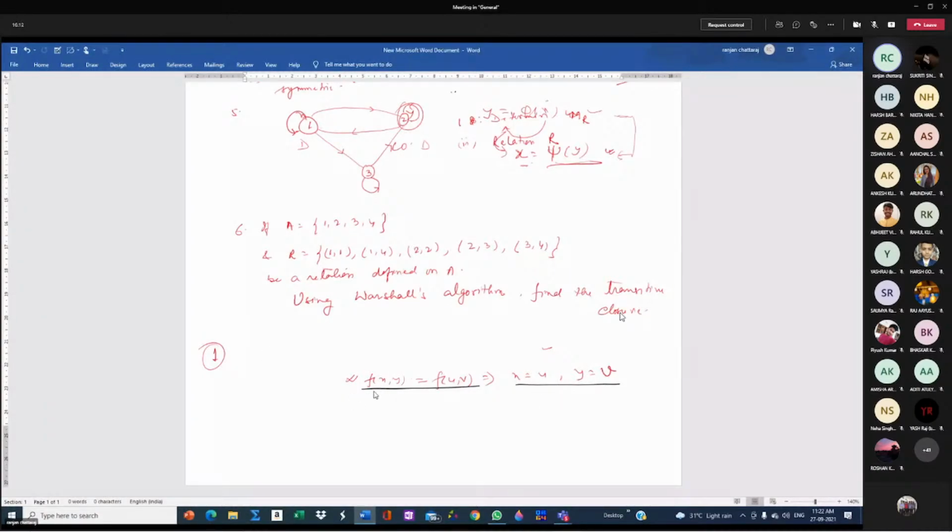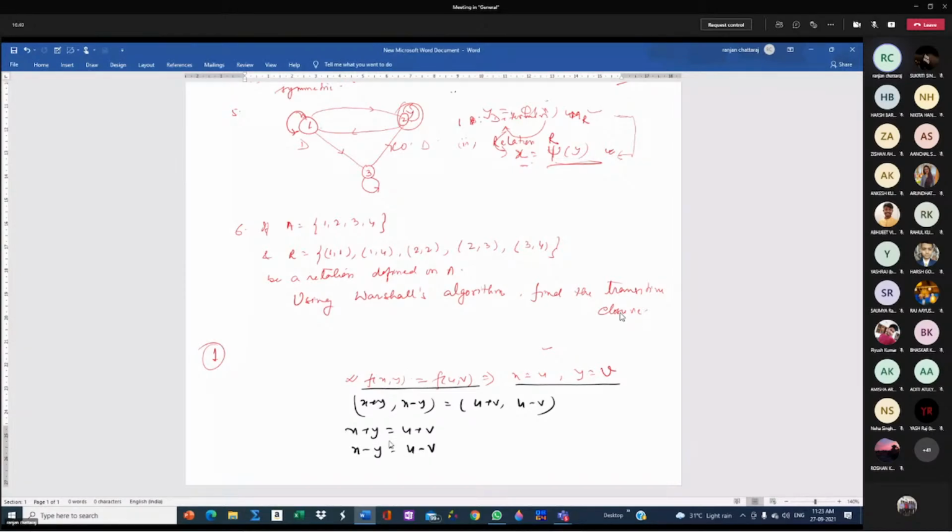So f(x,y) is equal to (x plus y, x minus y), and this is equal to (u plus v, u minus v). So x plus y is equal to u plus v, and x minus y is equal to u minus v.